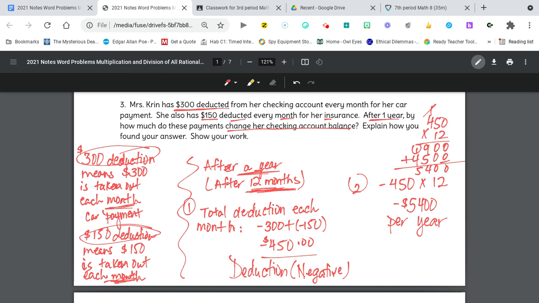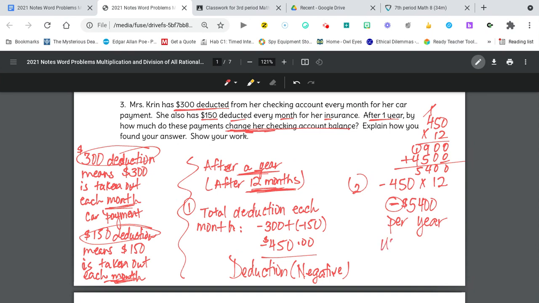But make it negative now because it says by how much do these payments change your account. If I wrote it in words, I would put they change your account by a decrease. I would use the word decrease or use the word deduction of $5,400 per year. But because I'm not using words like decrease or deduction, I have to use the sign to indicate that it's negative or that it's a decrease or deduction.